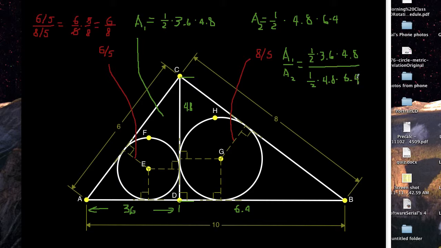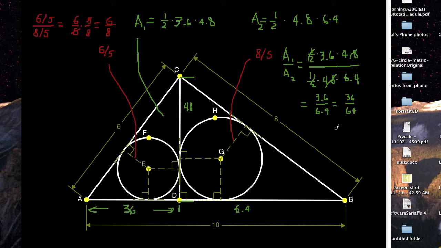Doing this, the 1/2s in the numerator and denominator cancel, and the 4.8s cancel, giving me 3.6 over 6.4. That ratio is the same thing as 36 divided by 64.